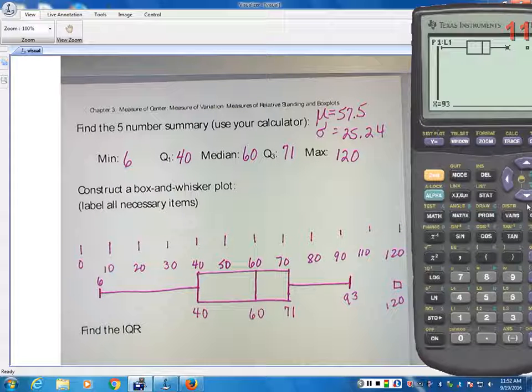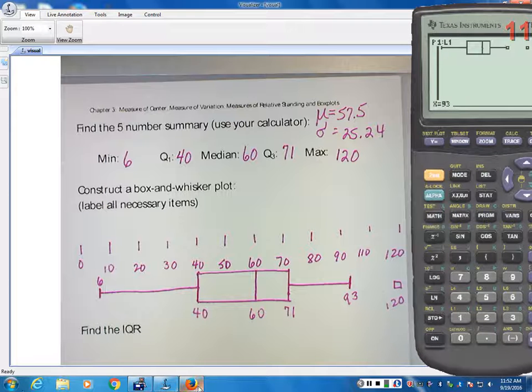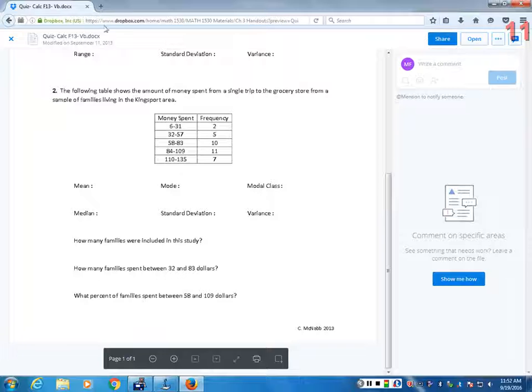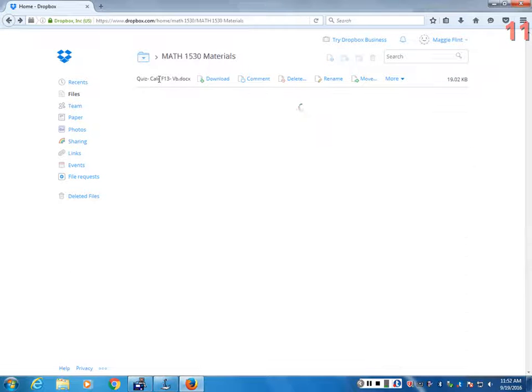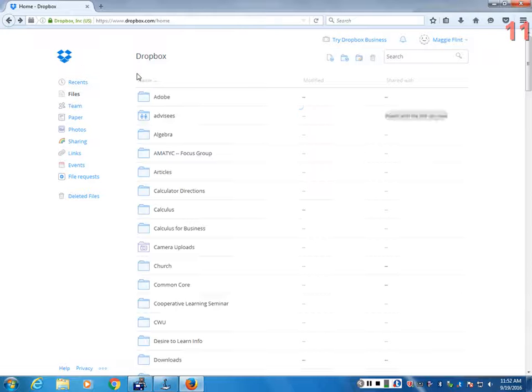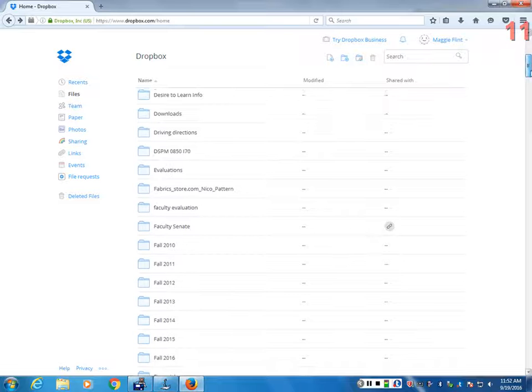Now, in order to visualize why that works the way that it does, let me open this back up. Go back to the folder that had the actual notes in it.